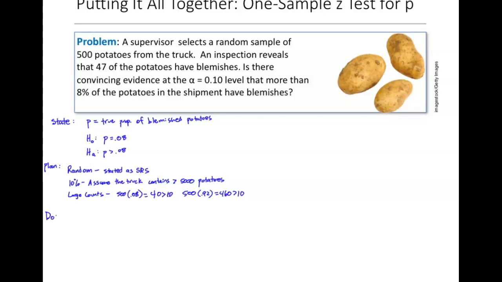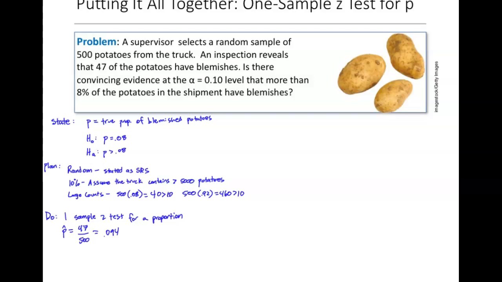All right, so now we're on to the do step. We're going to conduct a one sample z-test for a proportion. My p-hat value is what? 47 out of 500, which is 0.094.